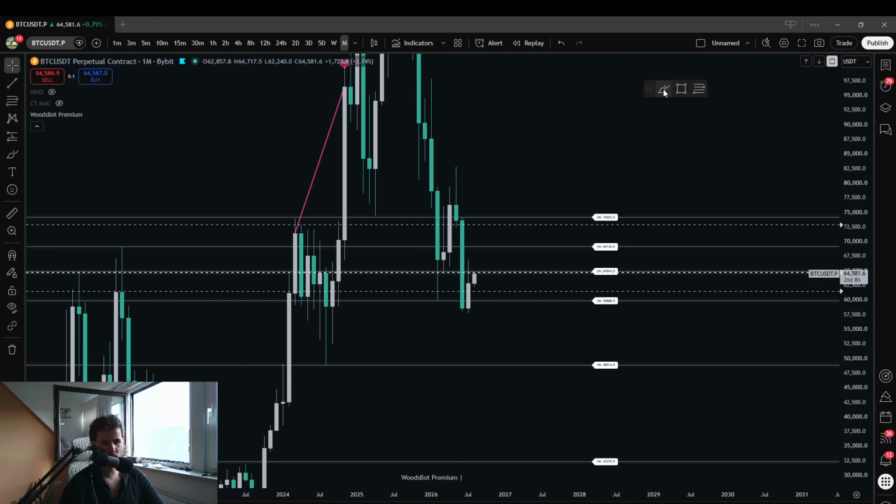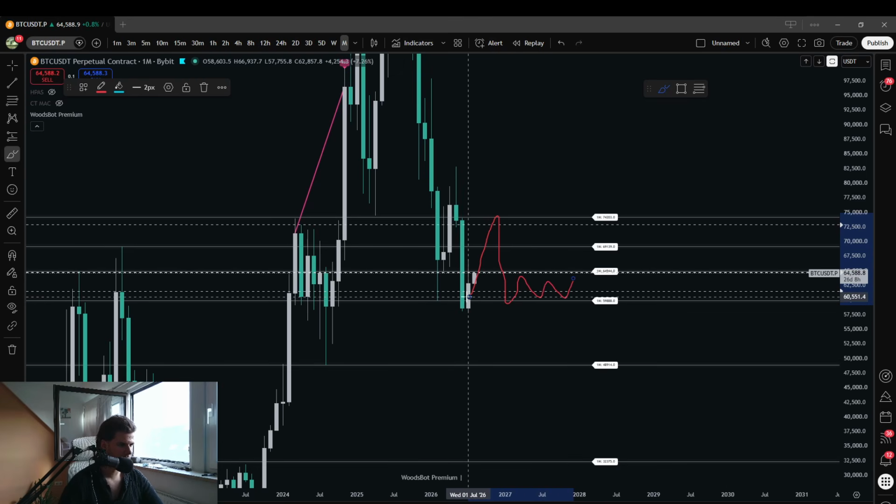I'm also going to be happy if Bitcoin just pushes up and then comes back down and consolidates for a while. So both scenarios are fine for me. Obviously, the lower Bitcoin goes, the better to invest, because you get a better risk to reward ratio. So that's what I'm looking for right now.